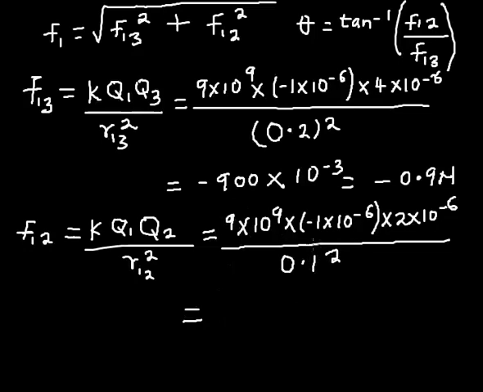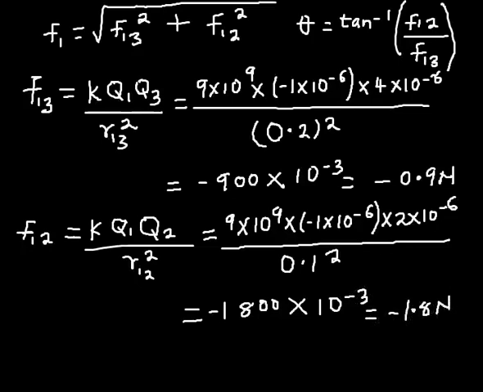This is 9 times minus 1, minus 9 times 2, minus 18. 18 divided by 0.01, that's 1800. Of course, that's still negative, then times 10 raised to the power of minus 3. And when you do this, you're going to have minus 1.8 Newton.